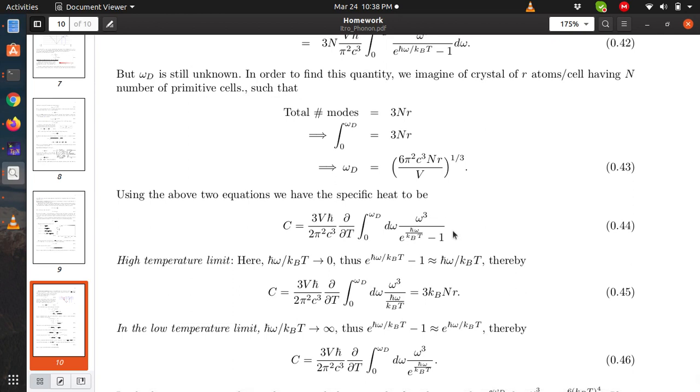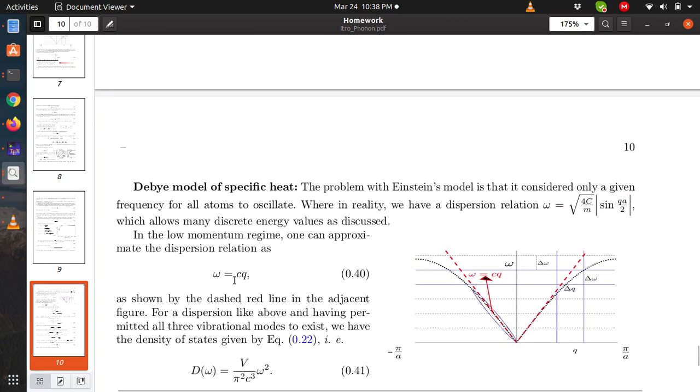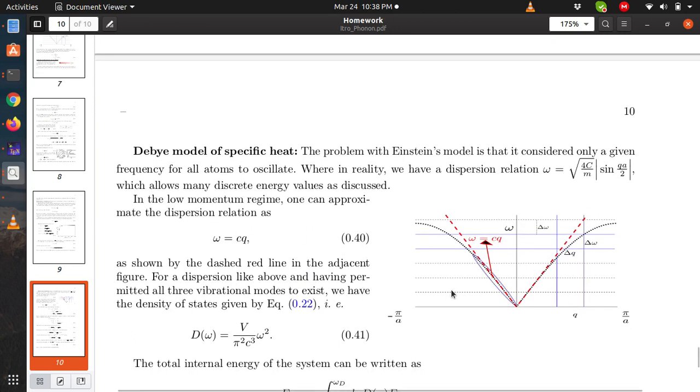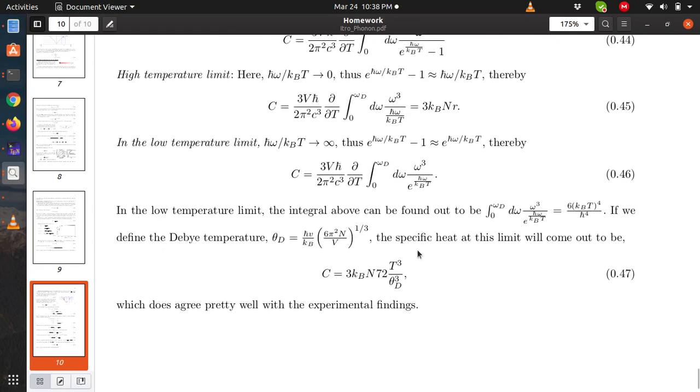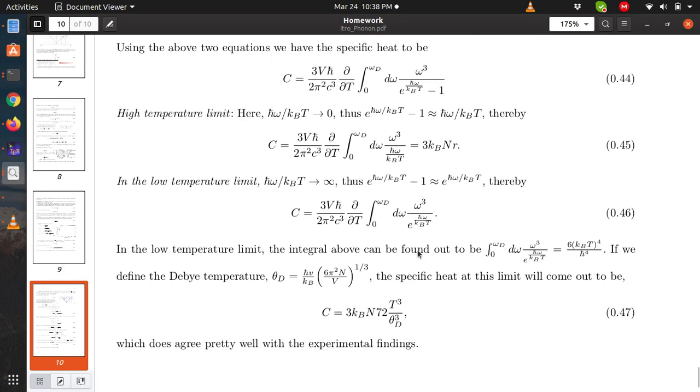So what we have done here is, by considering the dispersion relation to be linear with respect to momentum, remember, we have neglected this part. So we are still in the approximation that we have to be in the very low energy, low momentum region. So we have got this specific heat to be this equation right here, 0.44.